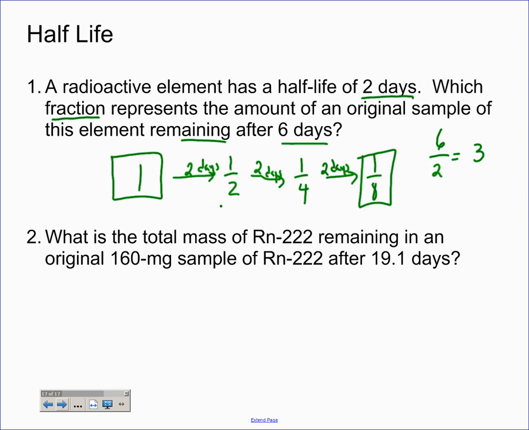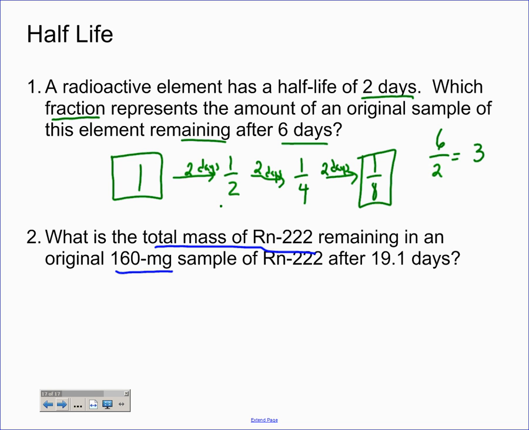Okay, let's look at a different problem and see if we can figure out how to solve this type of half-life problem. This is asking us for the total mass of radon-222 remaining in an original 160 milligram sample after 19.1 days. Now, there's a couple things that we need to do here.